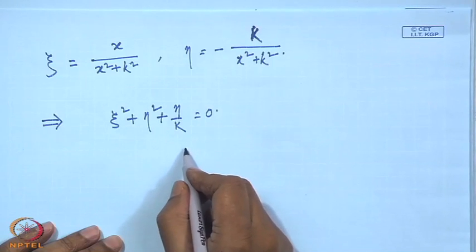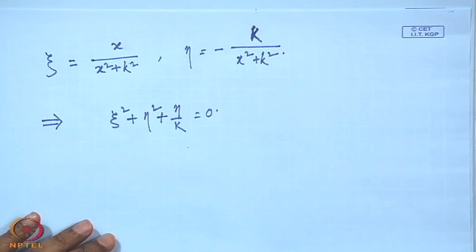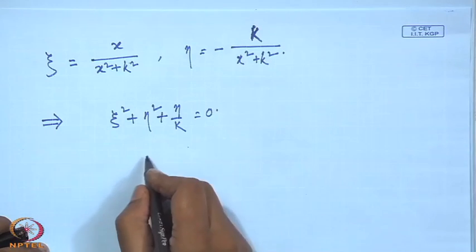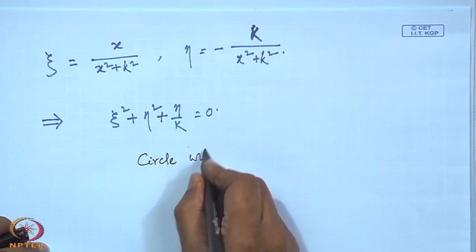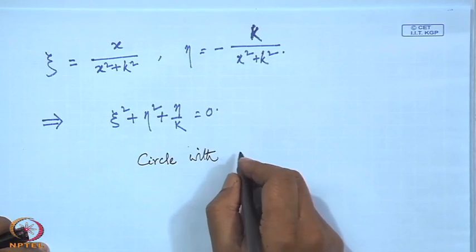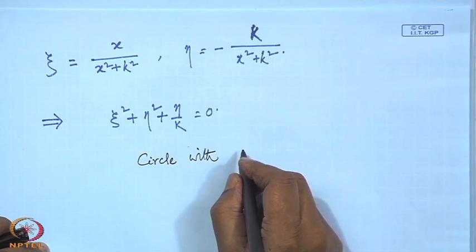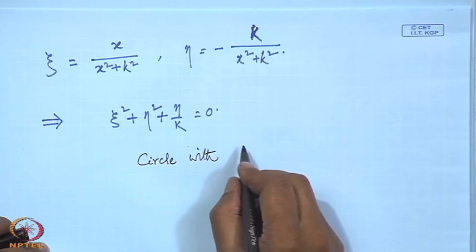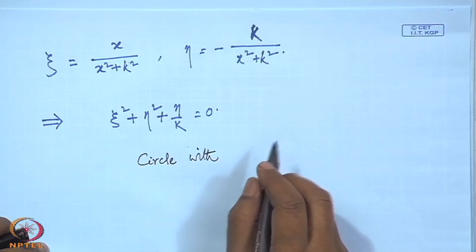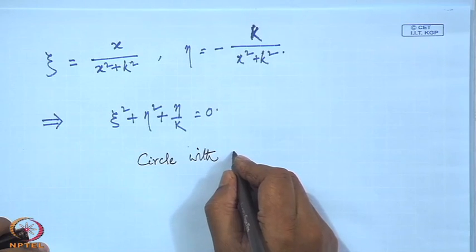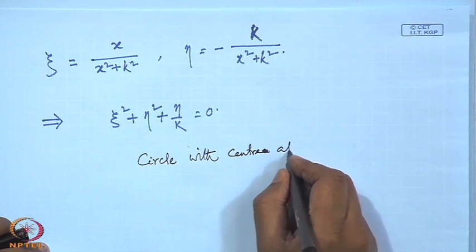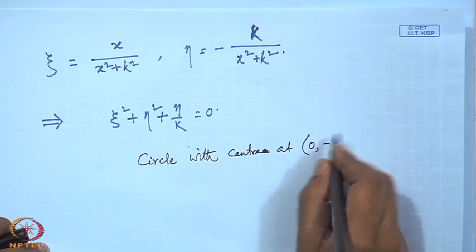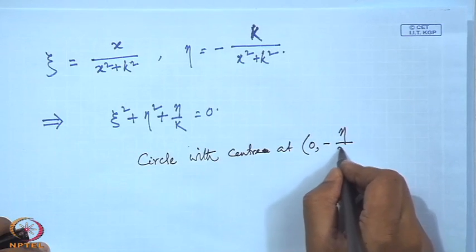Circle with radius and center what? Center at 0, eta by 2k.